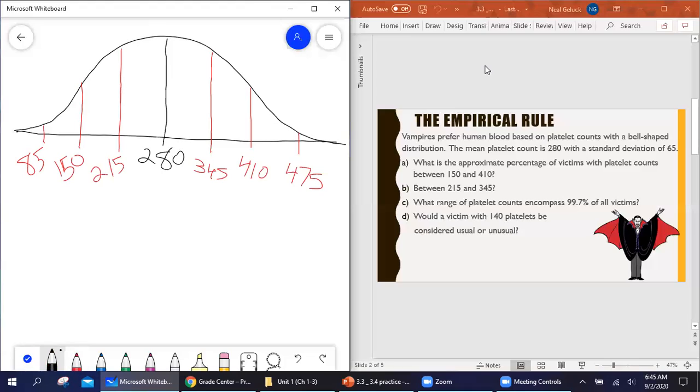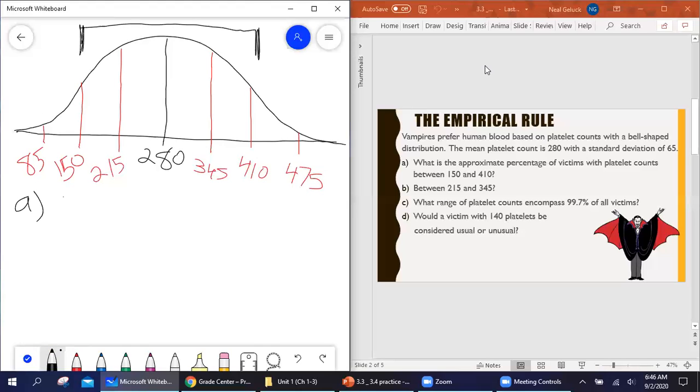So for part A, what percentage of victims have platelet counts between 150 and 410? Well, 150 is 2 standard deviations low, 410 is 2 standard deviations high.